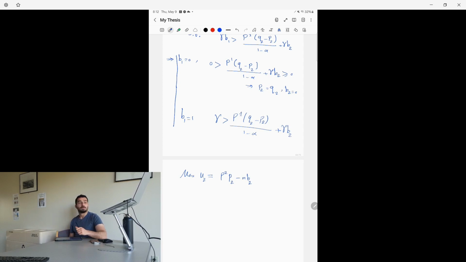Now, oh my god, firm 2 has the option to choose between the two cases.